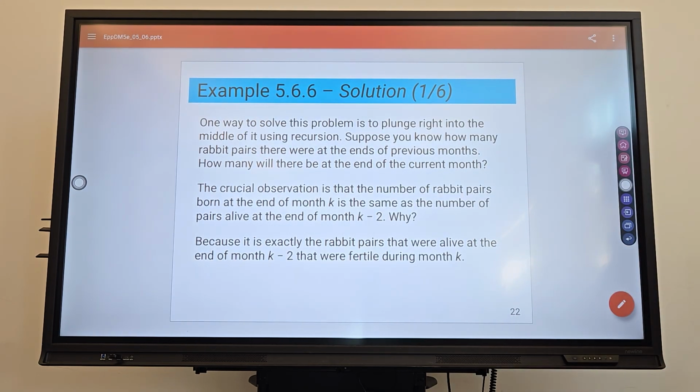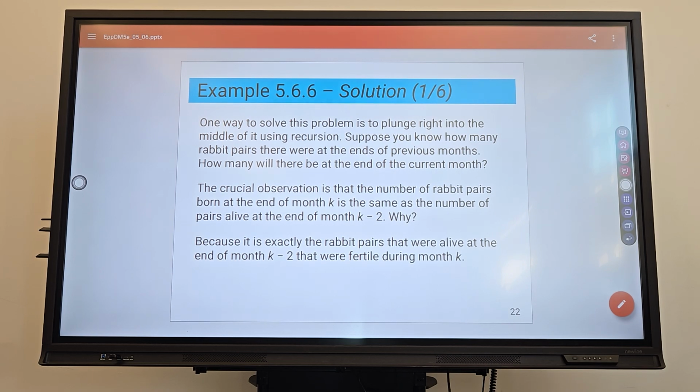One way to solve this is to plunge right into the middle of it using recursion. Suppose you know how many rabbit pairs there were at the end of the previous months. How many will there be at the end of the current month? The crucial observation is that the number of rabbit pairs born at the end of month k is the same as the number of pairs alive at the end of month k minus 2.